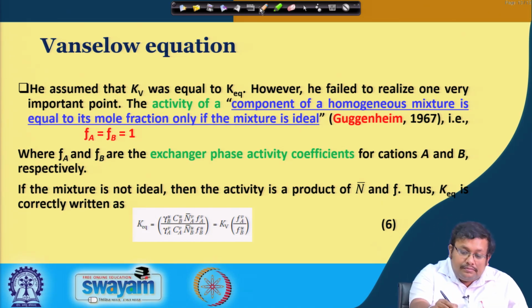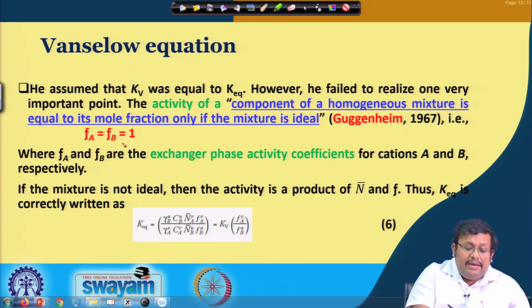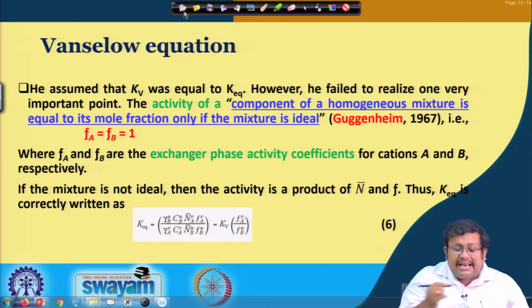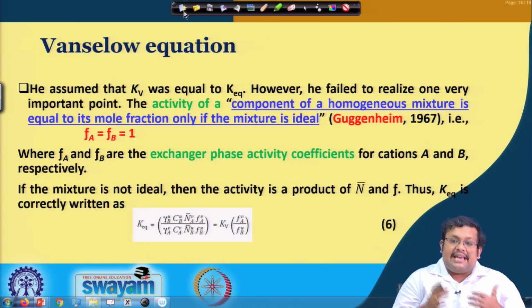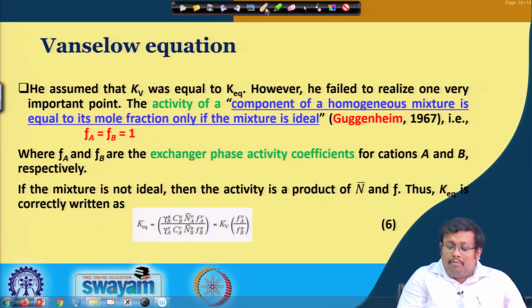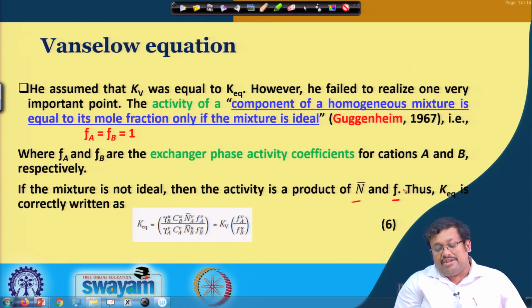So, if the mixture is ideal, then Fa equals Fb equals 1, where Fa and Fb are the exchanger phase activity coefficients for cations A and B respectively. Now, if the mixture is not ideal, then the activity will be a product of the mole fraction and this F, where F is the exchange phase activity coefficient.